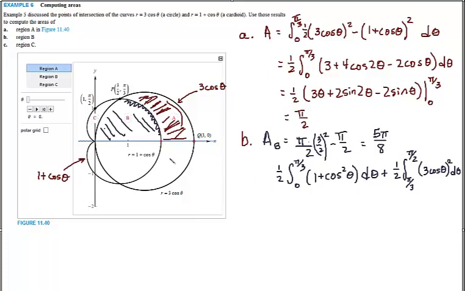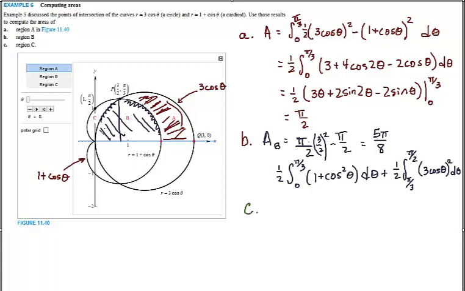Then I would break that up, and that portion would be the part from pi over 3 to pi over 2, and that is of 3 cosine theta. Integrate that, you'll still get 5 pi over 8. Best just to use symmetry.